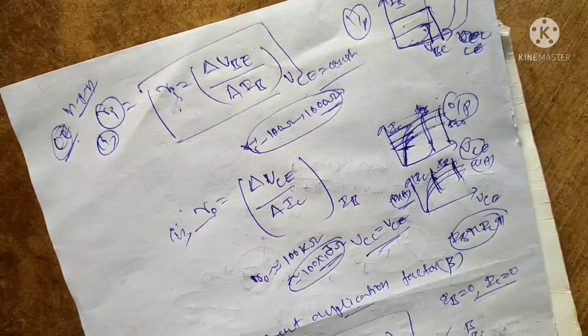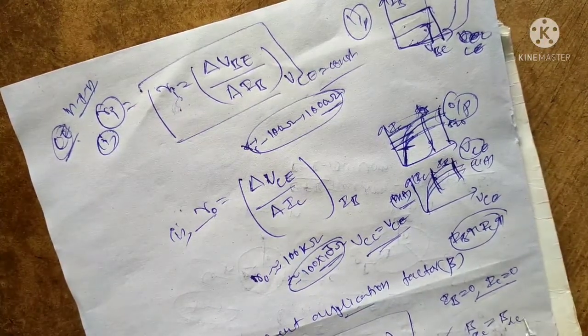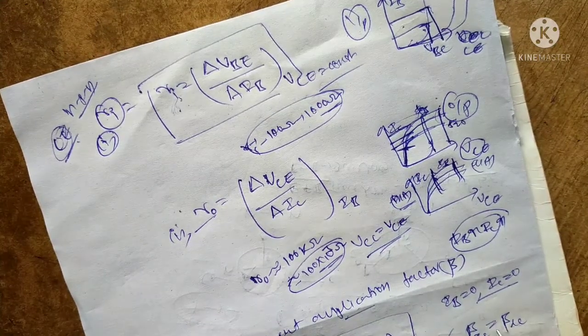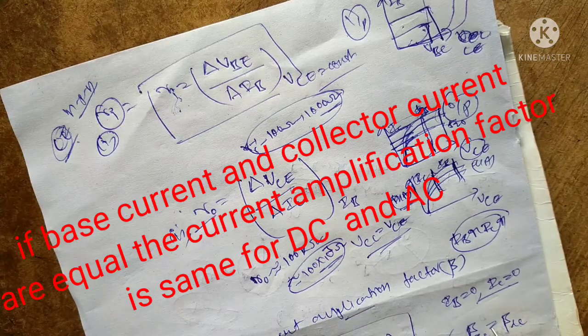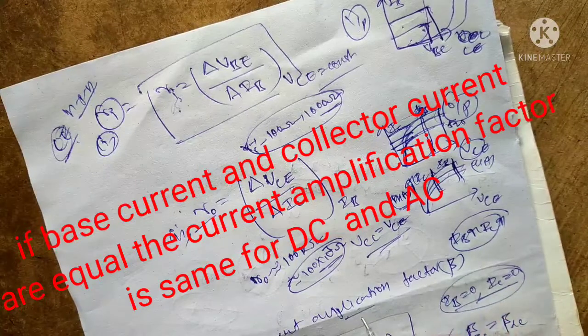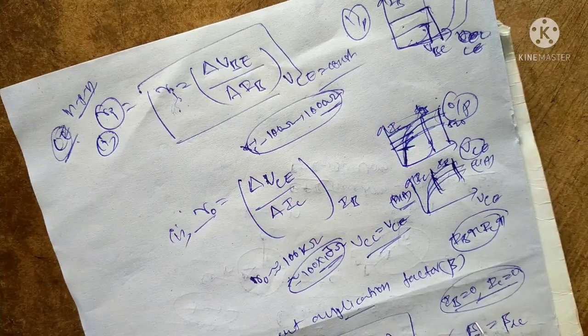Beta AC is equal to beta DC at this time. We can measure the amplification factor in the common emitter configuration.